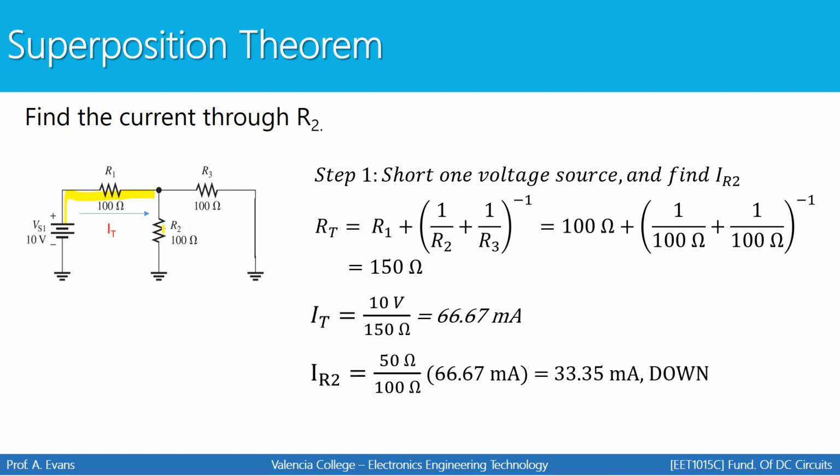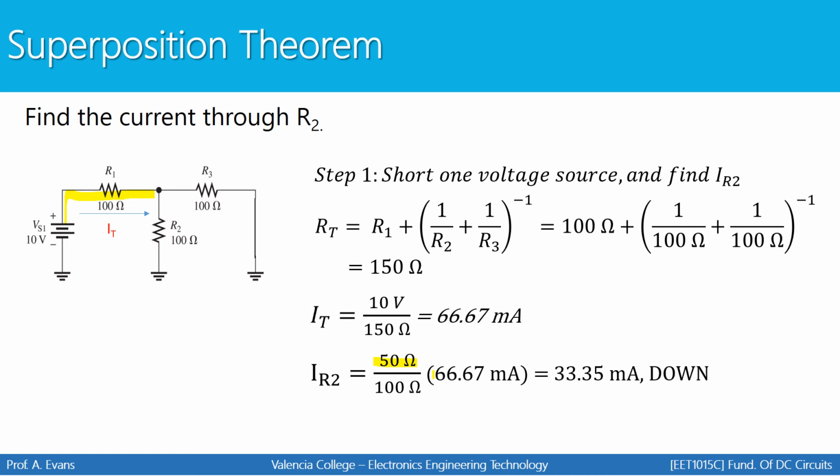So these 2 combined in parallel give you 50 ohms. Then I'm going to divide by the value of R2, which is 100 ohms. And then I'm going to multiply by the total current going into the node, which is 66.67 milliamps. So I end up with the current through R2 coming out to be 33.35 milliamps.